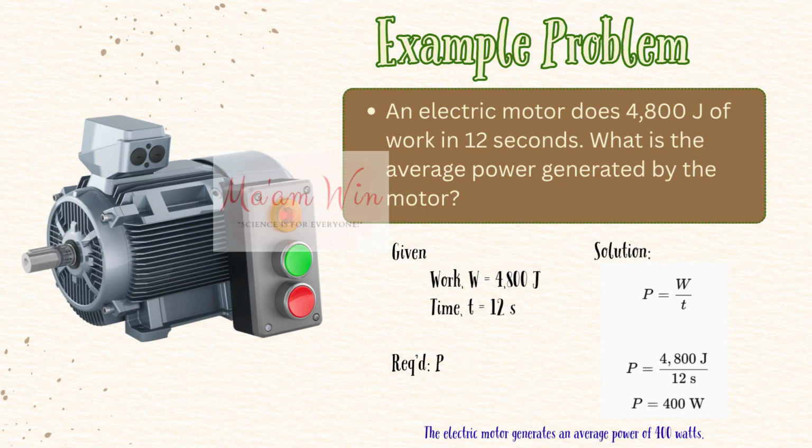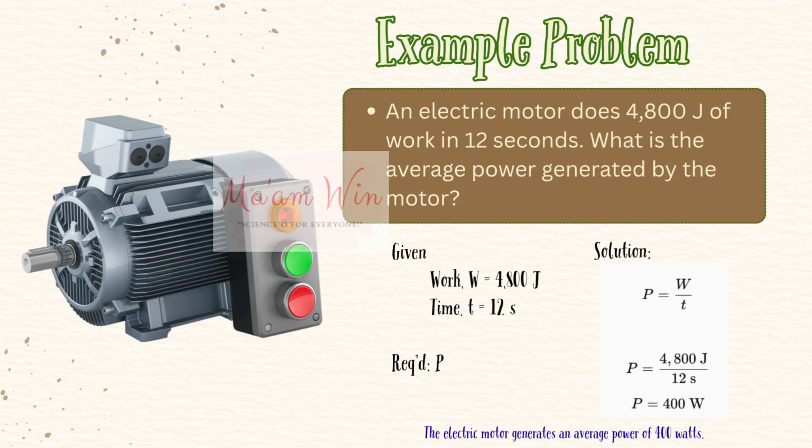Okay, let's solve another problem involving power. An electric motor performs 4,800 joules of work in 12 seconds, and we need to determine its average power. Using the formula power is equal to work divided by time, we substitute the given values.